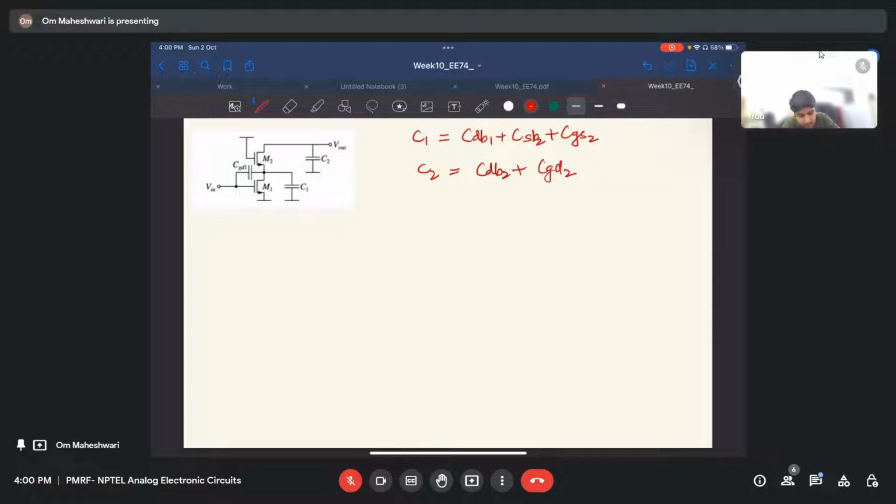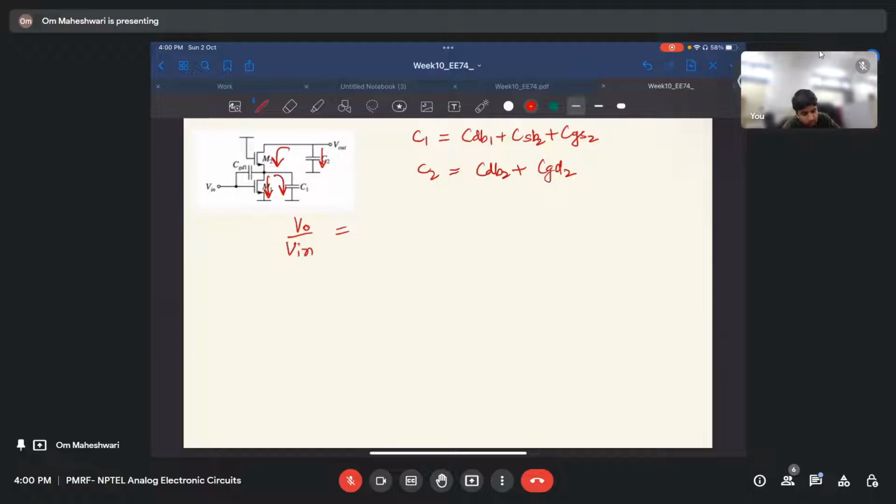To find the transfer function, you will just apply KCL everywhere. One current will flow from here, one current will go here, another current goes here and here. With those current equations, you will find V out by V in.